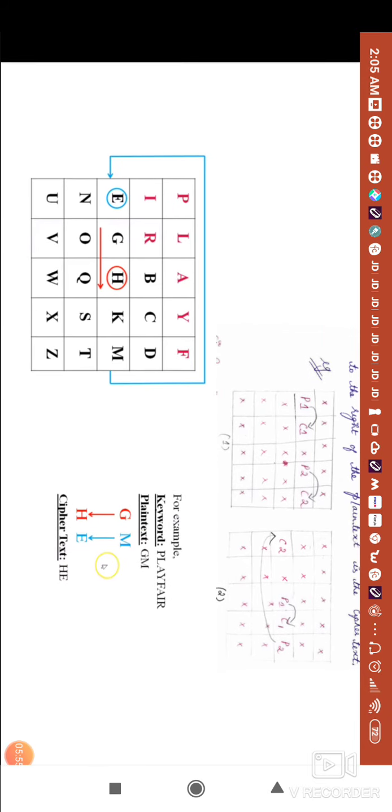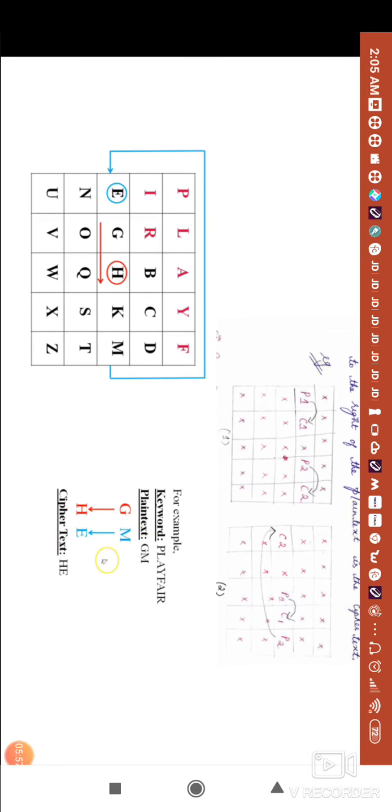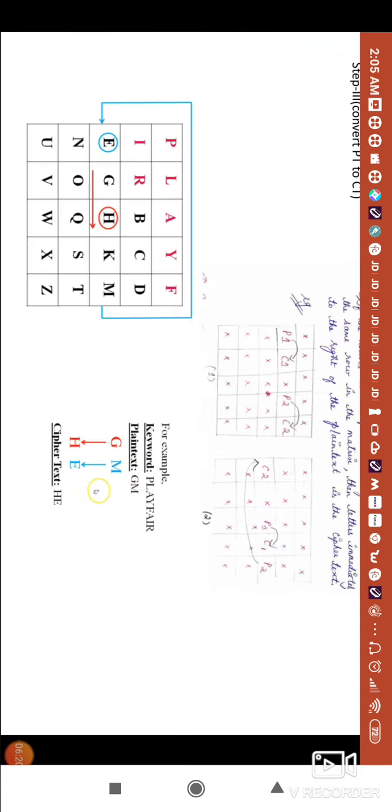Consider one example. Let our plain text be GM. The letters G and M are in the same row. So G is replaced by its right side letter H and M is replaced by its right side letter E. We assume that the last element in the row circularly follows the first. That's about the first scenario.